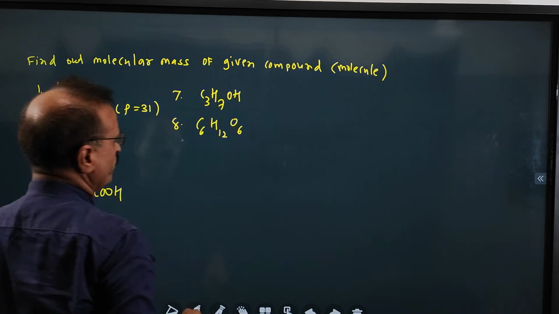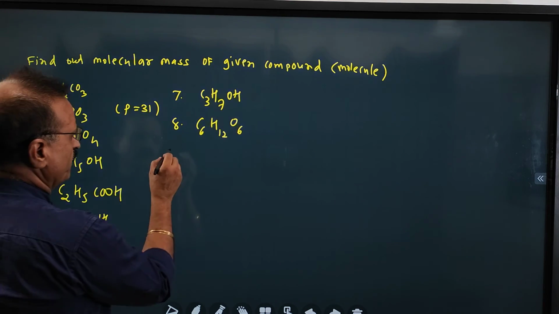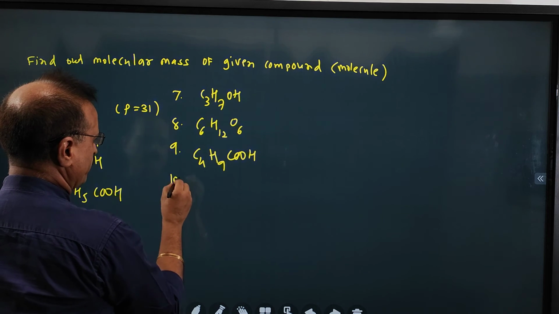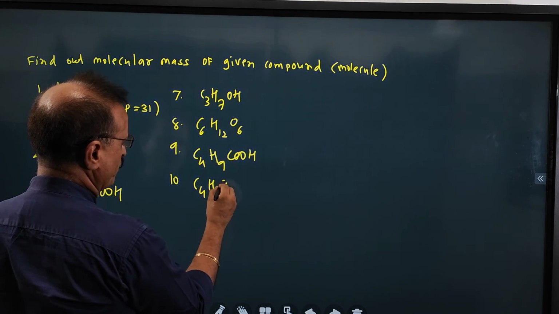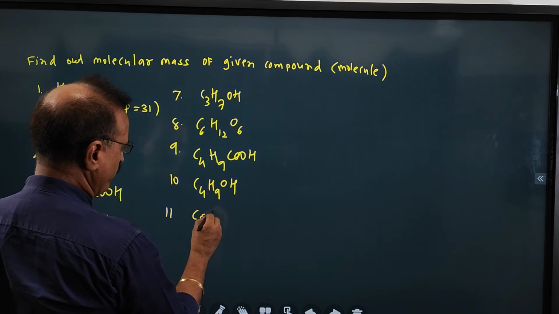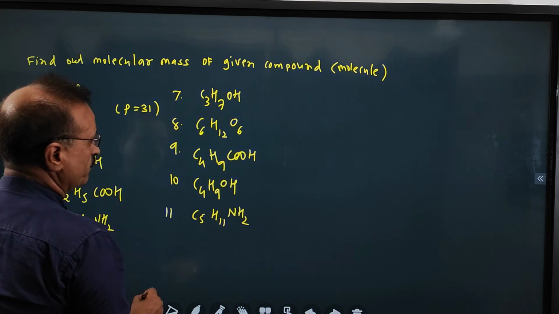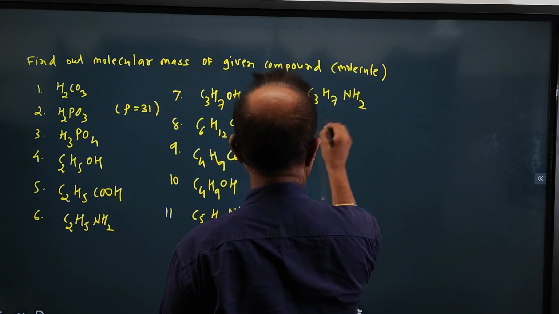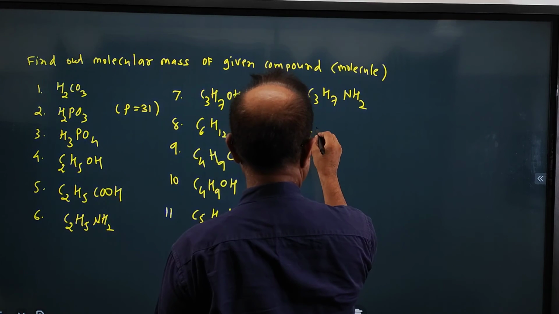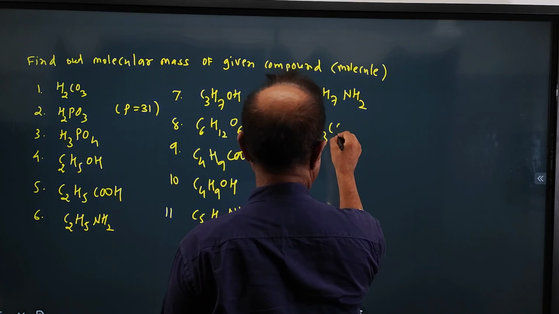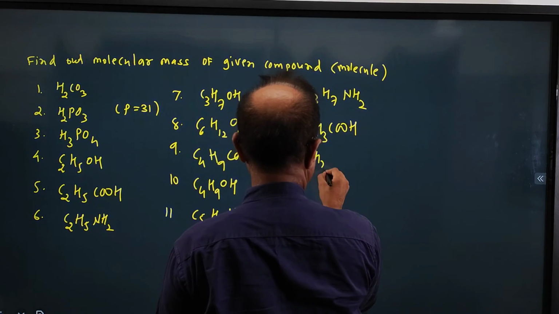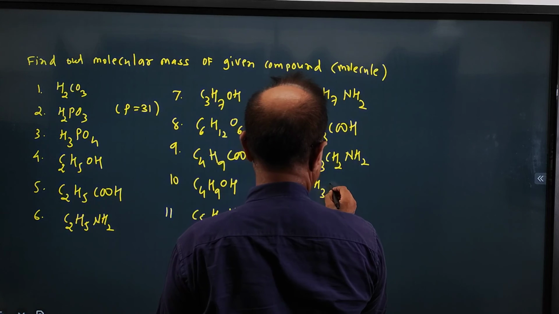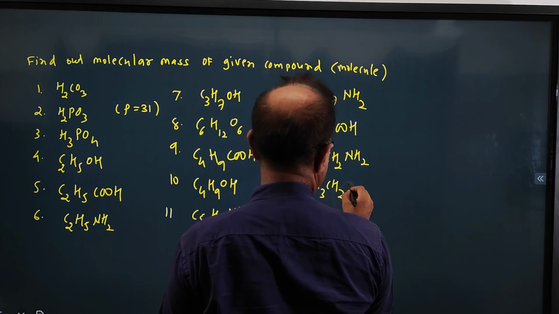8 C6H12O6 that is glucose. You are given the example of glucose in your textbook. 9 C4H9COOH, 10 C4H9OH, 11 C5H11NH2, 12 C3H7NH2, 13 CH3COOH, 14 CH3CH2NH2, 15 CH3CH2COOH.